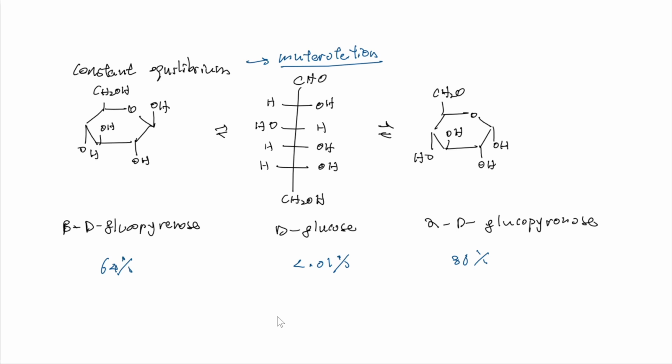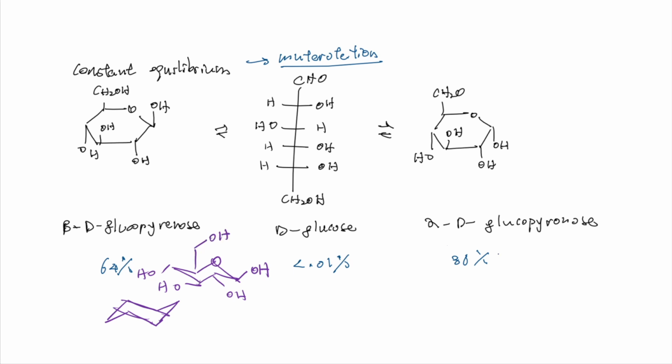One on the A bond. Yes, I can draw it out so that everyone can visualize it. So we draw a chair conformation here. And then, actually I want to draw it this way. So oxygen is here. So OH, OH, OH, OH, OH.